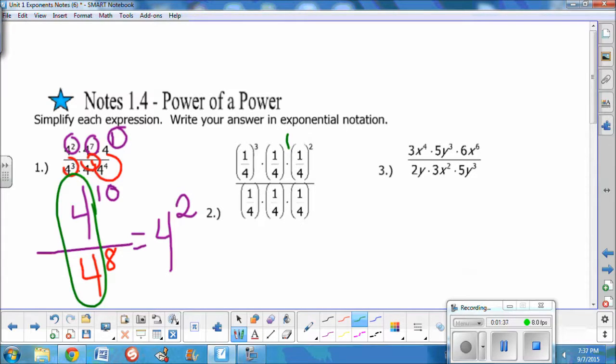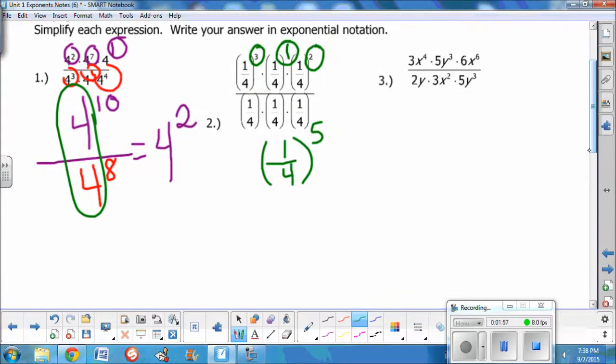We have like bases, which is 1/4, so let's focus in on the numerator. 1/4 to the 3rd times 1/4 to the 1st times 1/4 squared. Keep the base 1/4 and add those exponents up, and we end up with a 5.